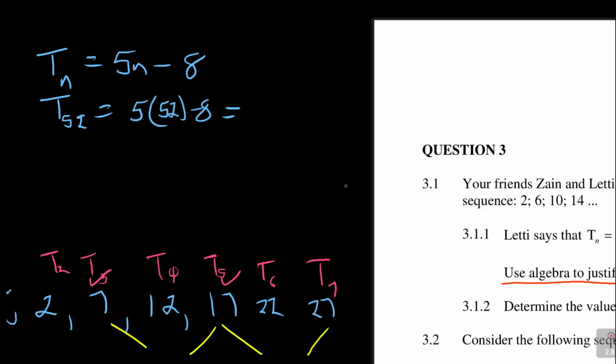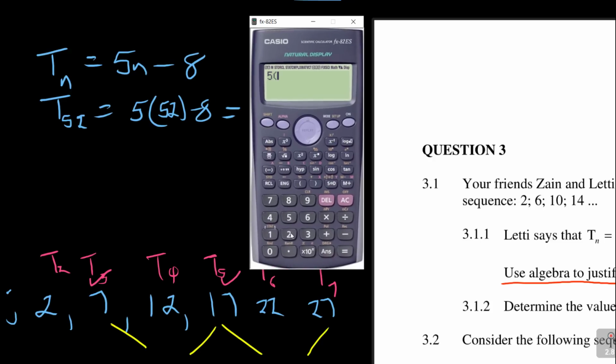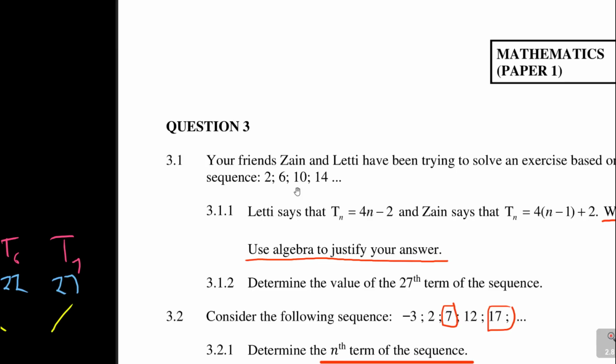I'm just trying to show you the obvious. Here, if we say 5 times 52 minus 8, you see it won't give us a 7 as the end number, so it becomes a problem there. So this one doesn't allow you.